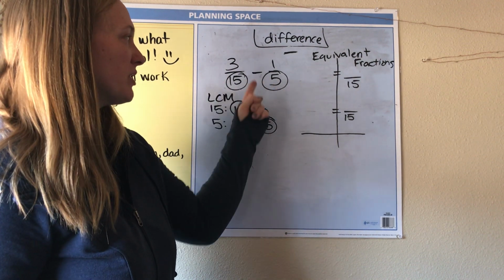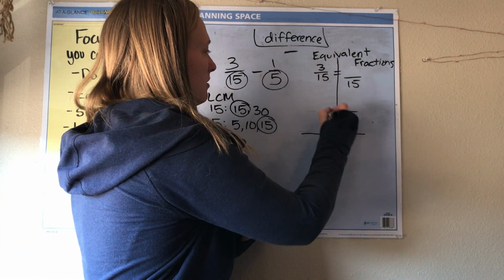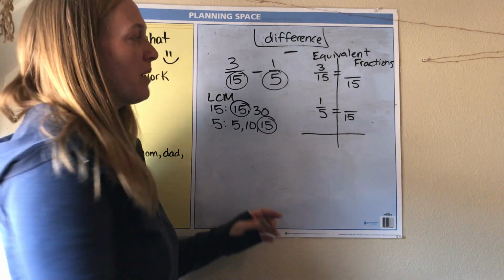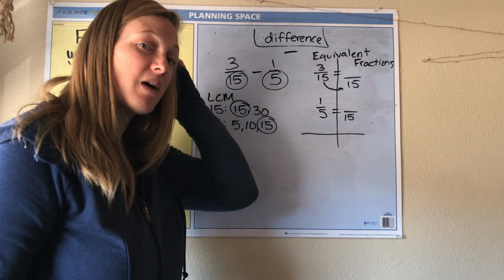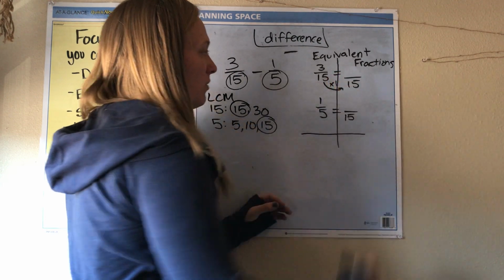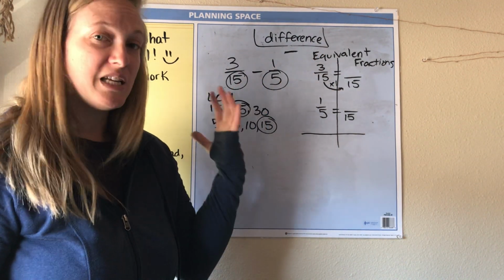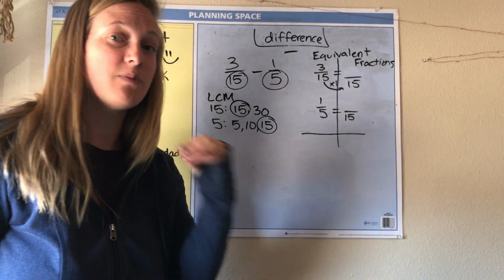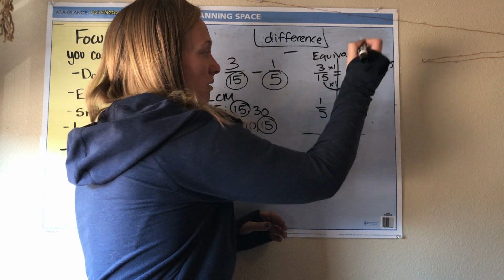I'm taking my original fractions, 3/15, 1/5, writing them over on this side. I'm going from 15 to 15. I am doing that by multiplying by 1. Up in my numerator, I need to do the same thing. Whatever I do in my denominator, I have to do in my numerator for it to be equivalent. So multiplying by 1, 3 times 1 gives me 3.